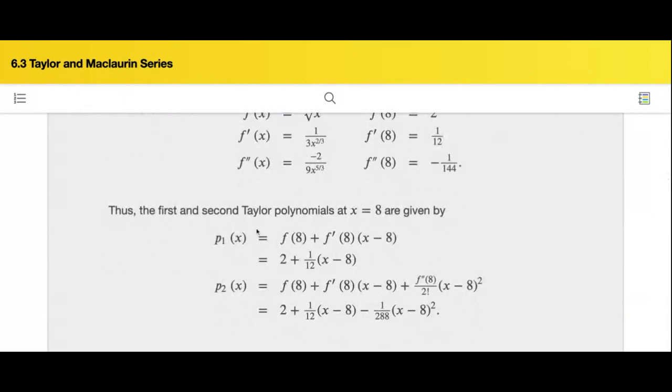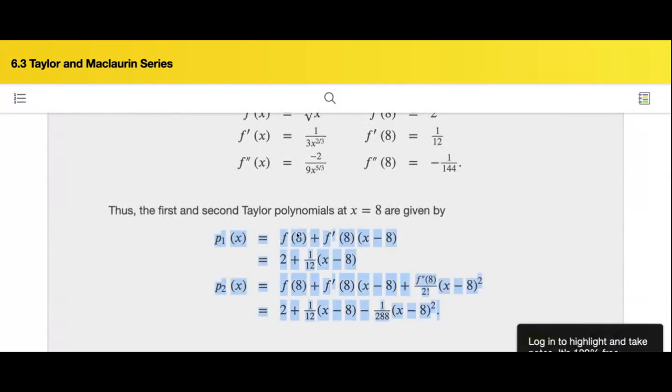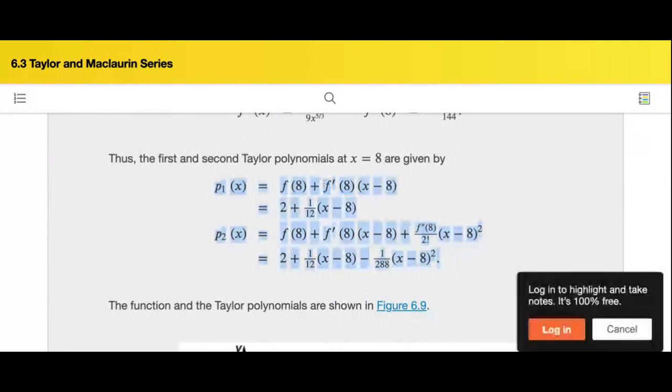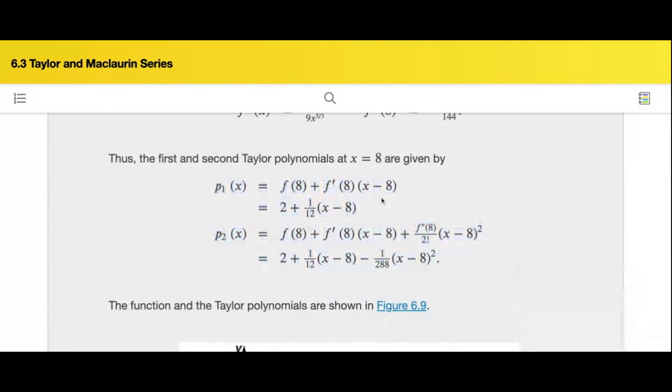Then we put it into the Taylor series definition. The first order Taylor polynomial, or first order approximation, or the linear approximation, is just the function value at the center plus the first derivative at the center multiplied by x minus 8. Then we plug in the values, which equals 2 plus 1 over 12 times x minus 8. It's a linear function.